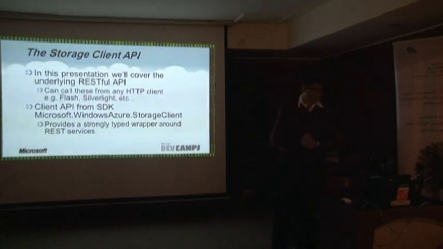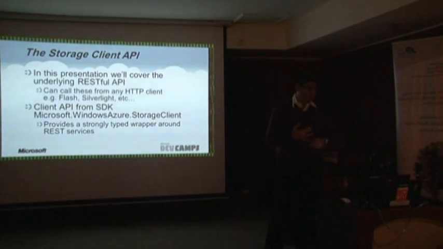So we look at how we can take the application and the storage, and you can call it from the client using a REST API. You also have the API from SDKs. For example, as I mentioned to you earlier, we have the Windows Phone SDK for Windows Azure. You have one for iOS, one for Android, and one for Windows 8 slates.